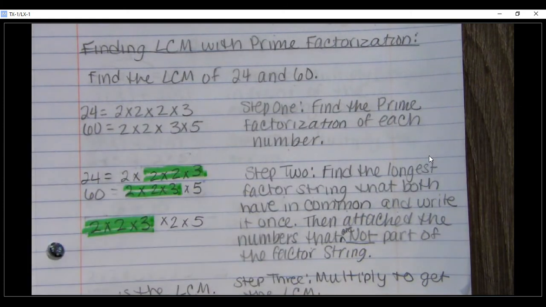So this was a little bit different than finding the greatest common factor, because with the greatest common factor, we just took what was repeated and we stopped at that and multiplied them together. Now we're taking that chunk, but we're going to also multiply it by those two numbers that were left out.